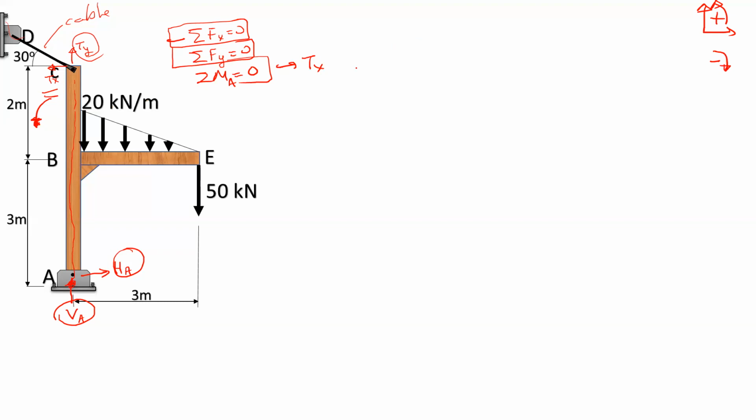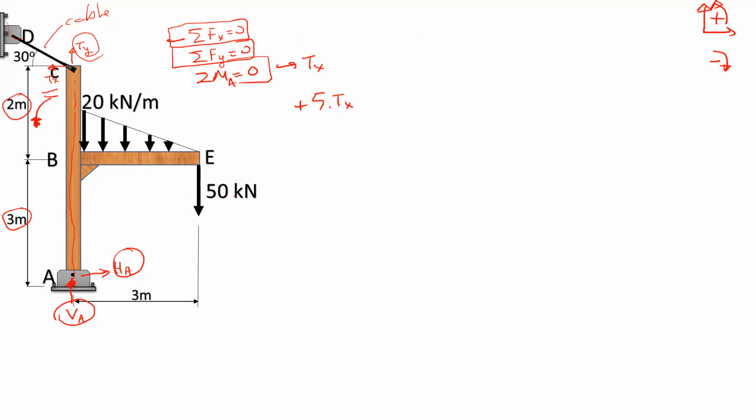So Tx is going to be considered as a positive moment, and the distance between A and Tx is 2 plus 3 meters, so it's 5 meters. So 5 times Tx is the moment caused by force Tx around point A. It's positive because it's counterclockwise.